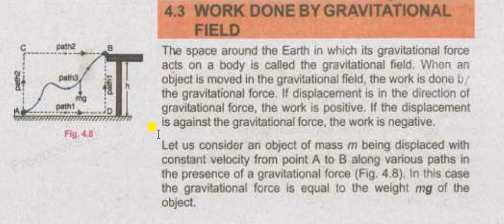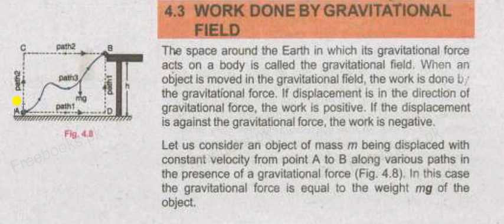So in the explanation we will write: let's consider an object of mass m being displaced with constant velocity from point A to B along various paths in the presence of gravitational force as shown in the figure. In this case, the gravitational force is equal to the weight mg of the object, because the mass of the body is m, and within the gravitational field the force will be equal to the weight, because weight is also a force.